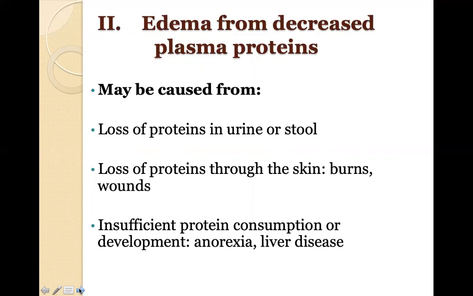And then you have some where there's just insufficient protein consumption. For example, in an area where somebody is not obtaining the necessary nutrients or does not have enough to eat, or sadly is self-imposed by the disease of anorexia. You may also remember that the liver is the chief organ of protein production in the body.